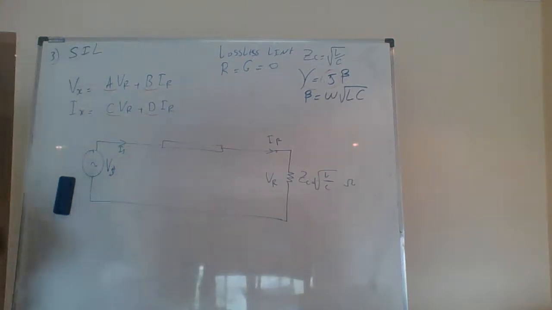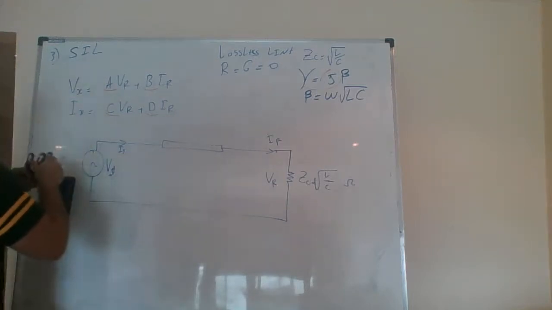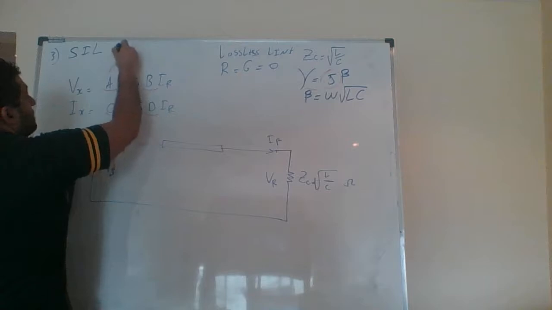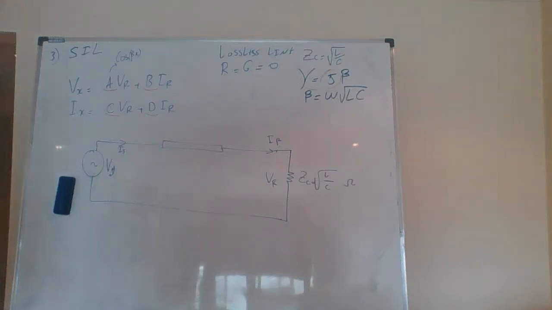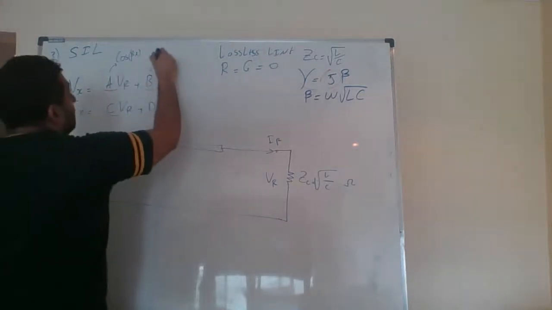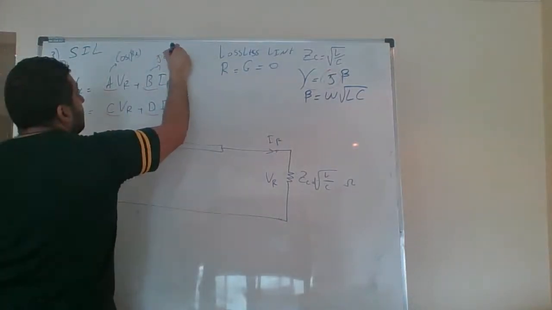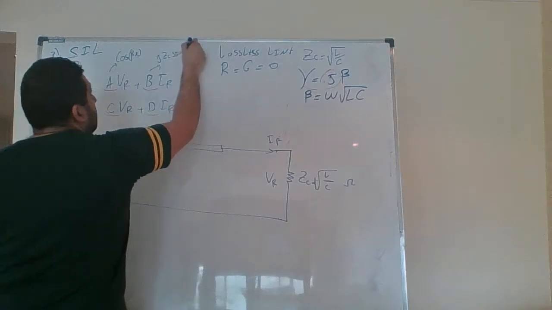So let's analyze the circuit. This is cosine beta x. This is j Zc sine beta x.